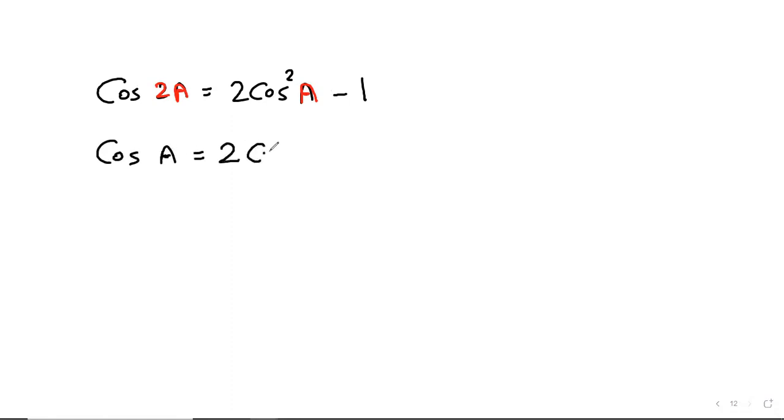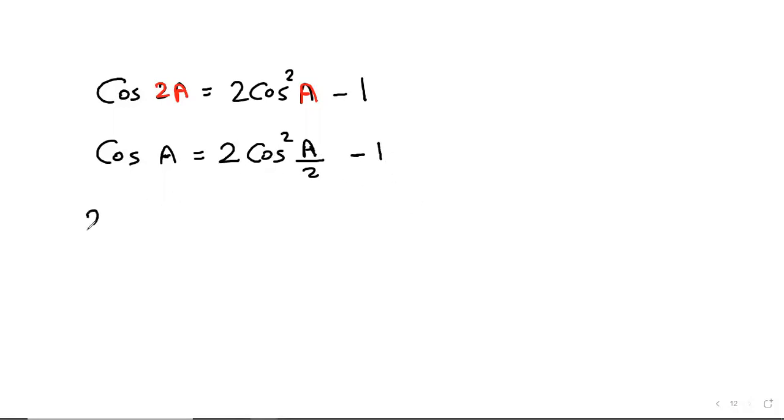Once again, cosine 2A is equal to 2 cosine squared A minus 1. Look at the angle again: here the angle is 2A, and here the angle is A, the half of the angle. If I'm going to write cosine A, it is equal to 2 cosine squared A over 2 minus 1.